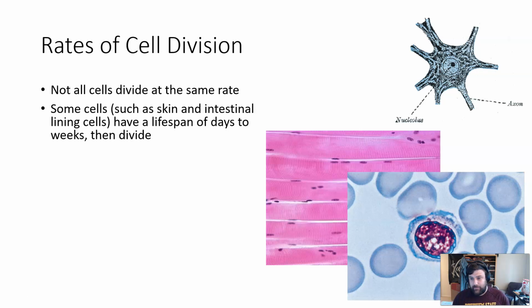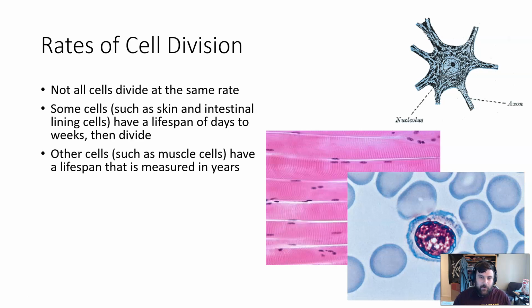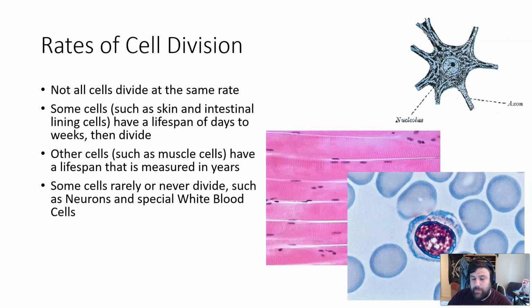Then there are other things, such as muscle cells, or bone cells, or a few other more permanent cell types, that their lifespan is measured in terms of years. So, like muscle cells are measured in terms of years. But lastly, there are some special cells in our body, such as neurons and special types of white blood cells.